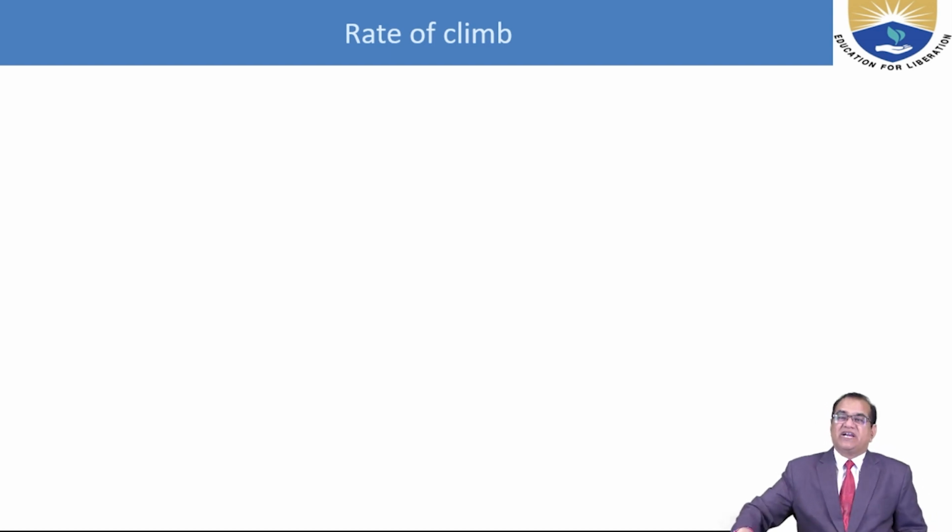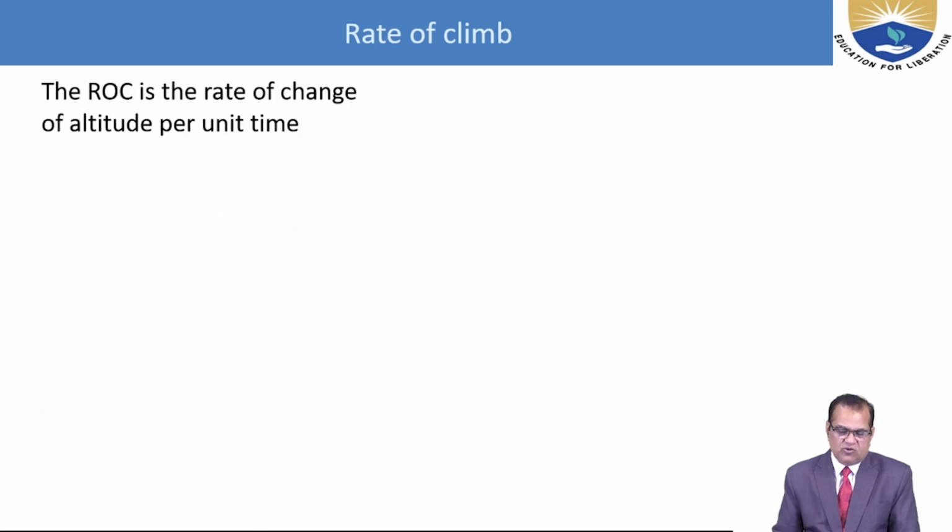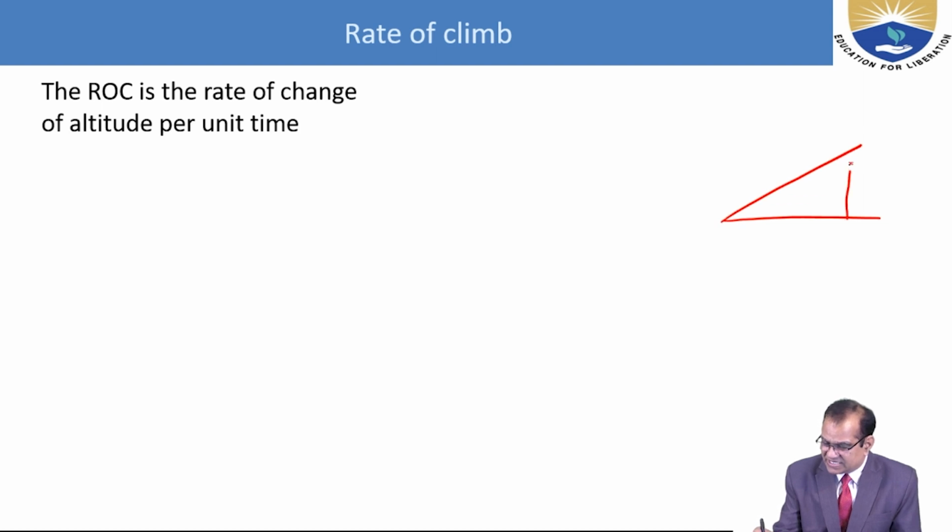Now we see the rate of climb, ROC. The ROC is the rate of change of altitude per unit time. It means how much distance vertically, this distance h, per unit time.